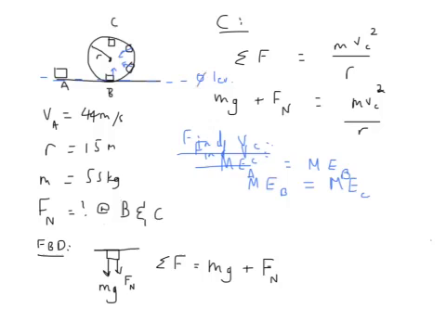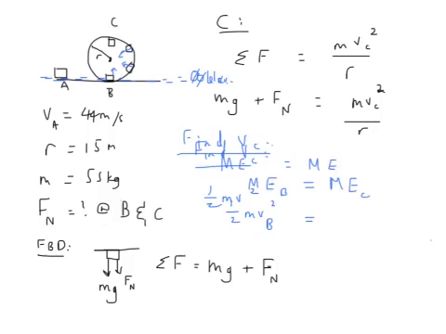And that means that at moment B, the block is moving forward, so it has kinetic energy, but it's not elevated above my zero level. There's no height, which means that the block has no gravitational potential energy.